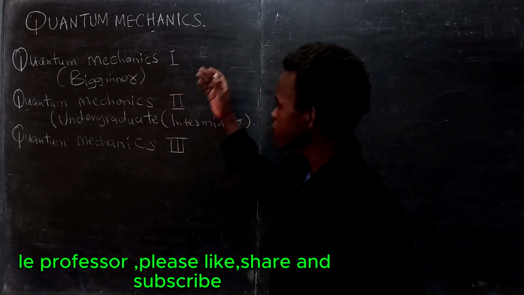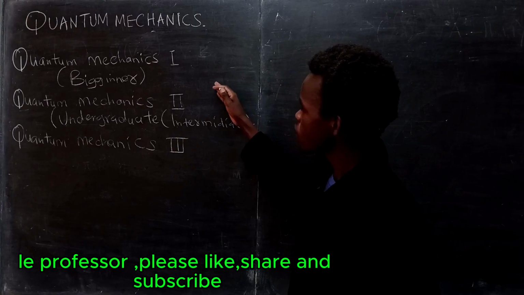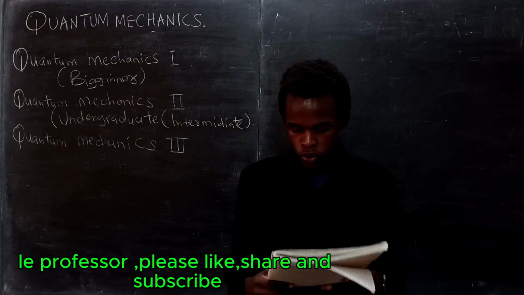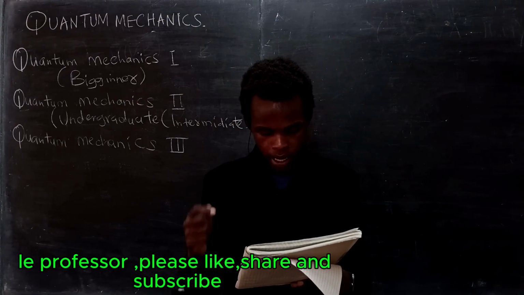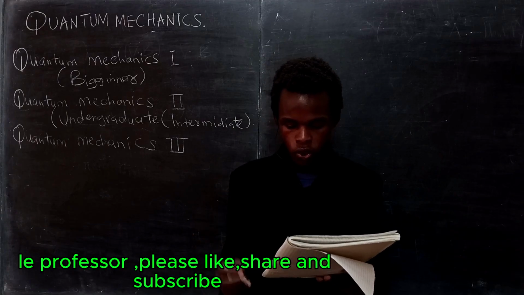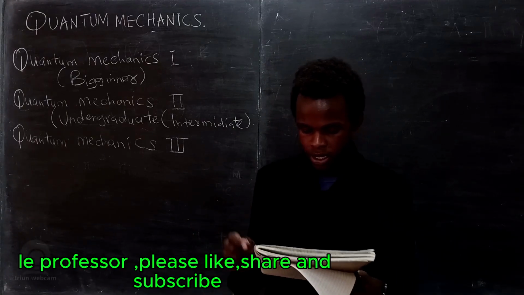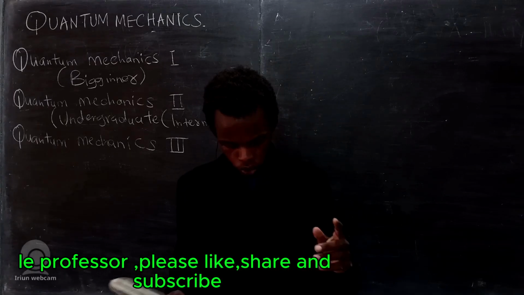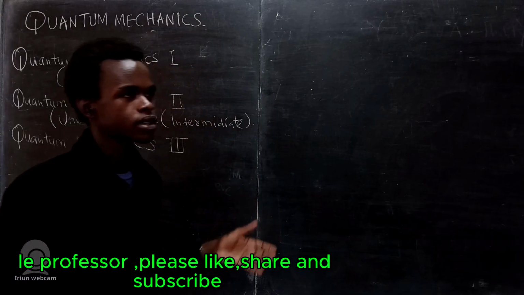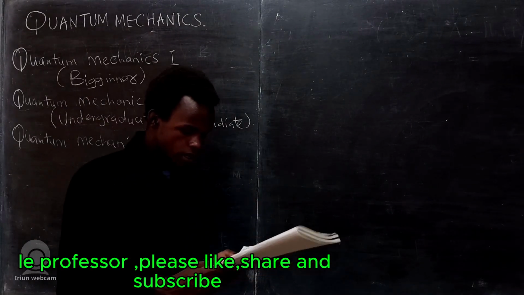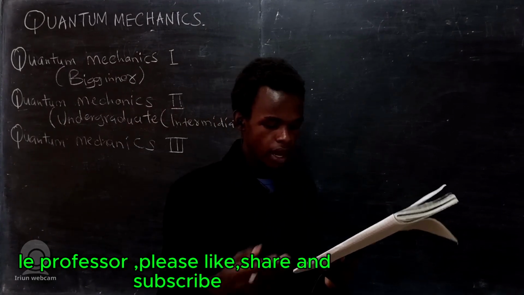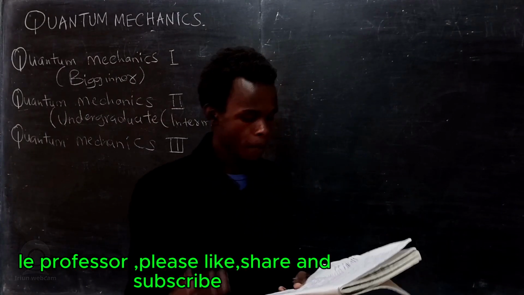Then after clearing wave mechanics, we will do matrix mechanics by Heisenberg, where we'll do linear vector spaces, Hilbert space, Dirac notation, operators, observables, and matrix formulation. We will use the matrix formulation to solve many concepts, for example the harmonic oscillator, angular momentum, and much more.